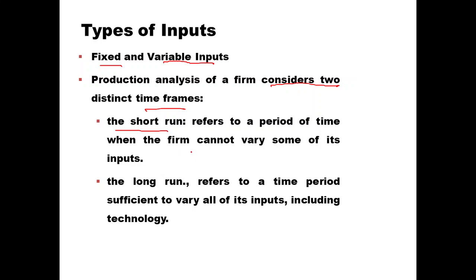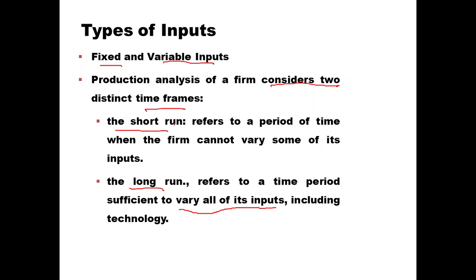Whereas the long run refers to a time period sufficient to vary all inputs. That means you can change everything: land, labor, capital, equipment, technology, everything can be changed in the long run.